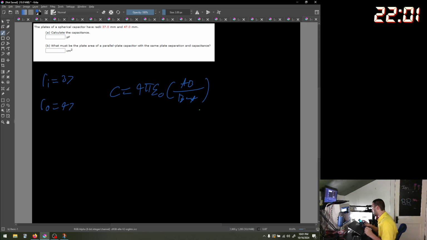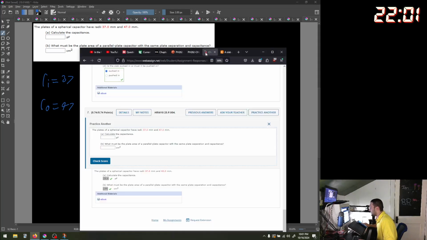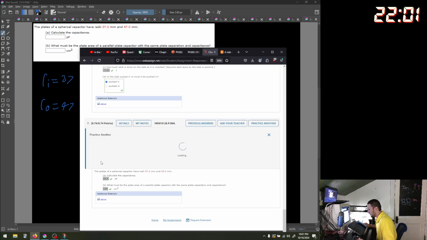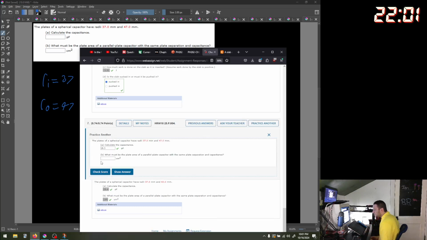I'm getting 1.933, and that is millimeters, so e to the negative 4, but it's pico, so that's negative 6, so negative 2, so it's 0.019. No. 19.3, I went the other way. It would be 19.3. Okay.